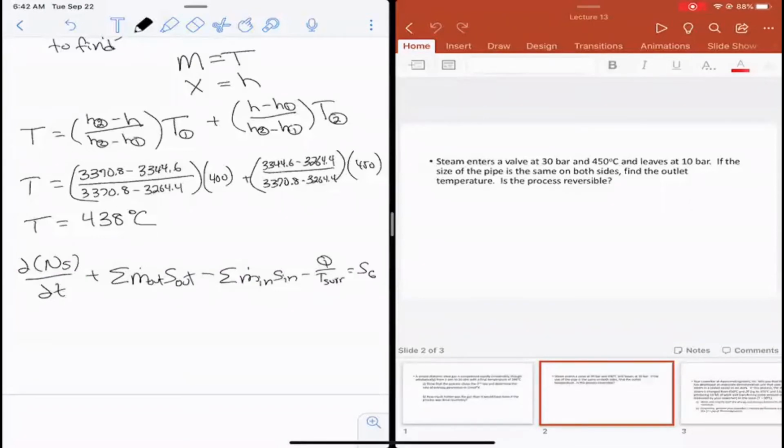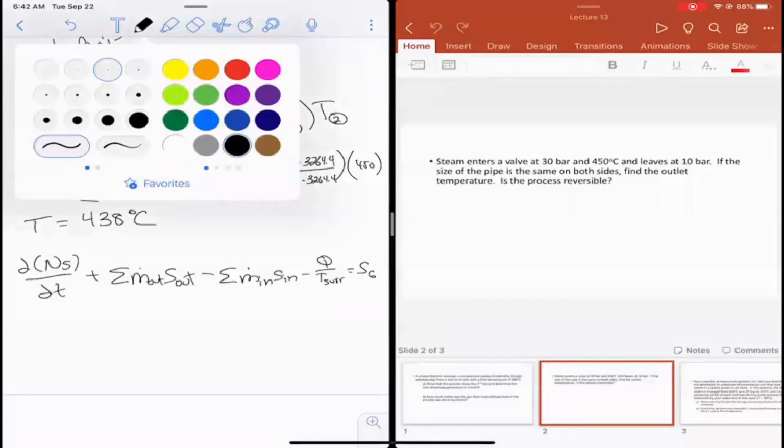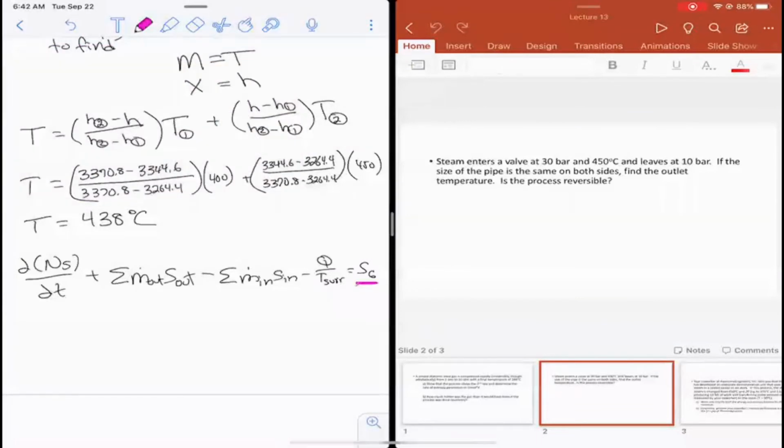And of course, asking if the process is reversible is exactly the same thing as asking whether Sg is equal to 0.